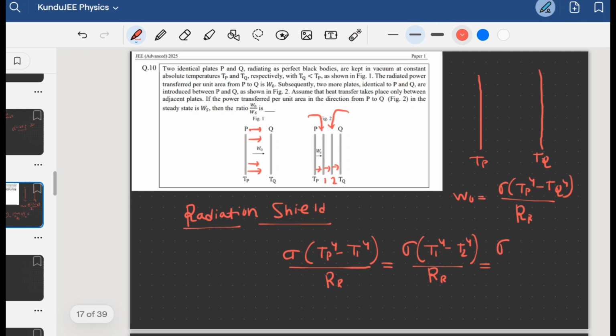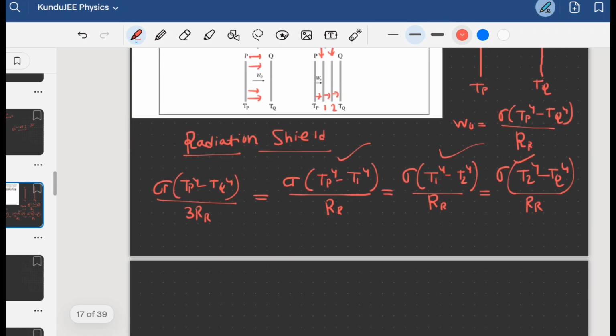And finally from 2 to Q: T2 to the power 4 minus Tq to the power 4 by R. Now, if we add the numerators and we add the denominators, ultimately we'll get sigma Tp to the power 4 minus Tq to the power 4, and in the denominator we'll get 3R suffix R. Now, this is the radiational heat transfer when the radiation shield is introduced.